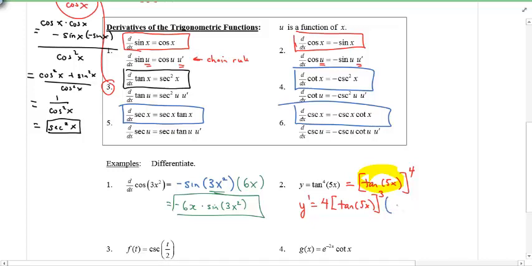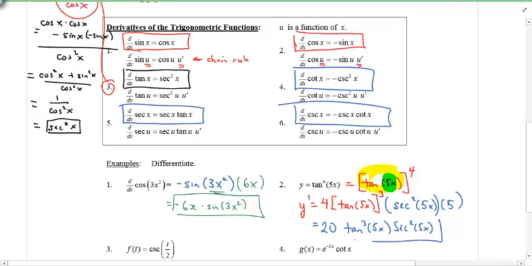The derivative of tangent is secant squared of the function, which is 5x. And notice I still have another function within a function, so an extra factor of 5. If you want to simplify, 4 times 5 is just 20. So 20 tangent cubed of 5x times secant squared of 5x. And that is the derivative for number 2.